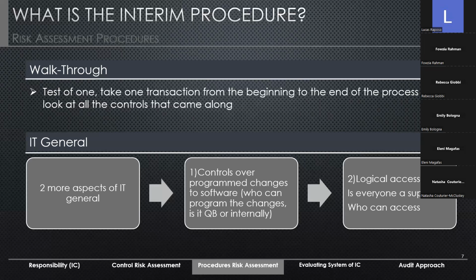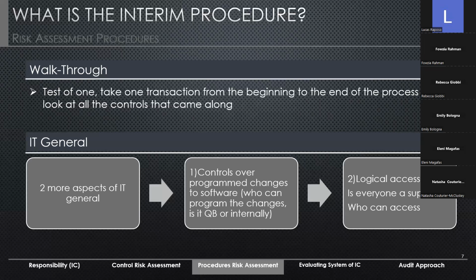If it's controls over the program changes to the software, maybe you have someone who has super user access, right? Your CEO maybe has access to every account. So as an IT specialist, you have the duty to say, look, this person could be altering the accounts, so we have to watch out for him.